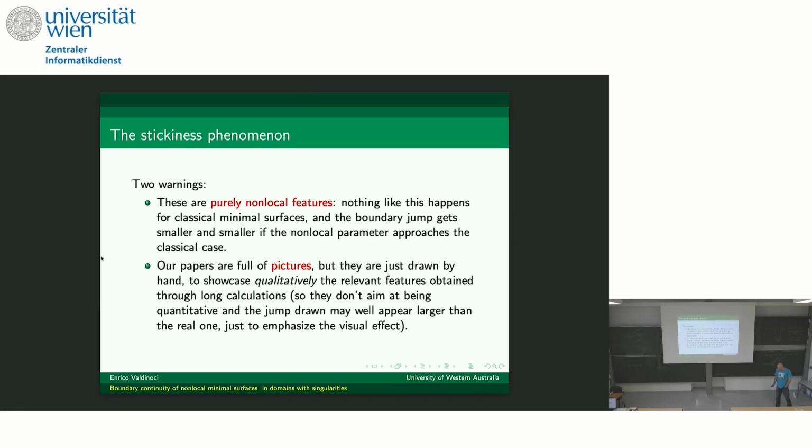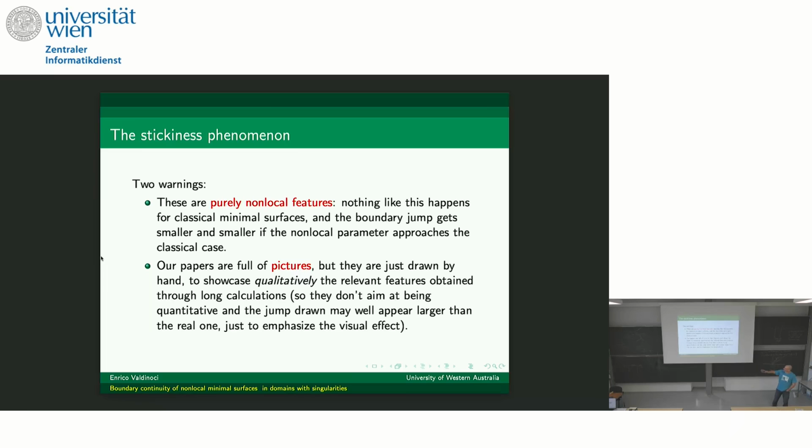Yes, one difficulty that we had in selling our papers is that they were mostly done with pictures. So there was really, again, a dichotomy: either pictures or horrible calculations. And of course, not many people liked that. The fact is that the pictures were drawn by hand.